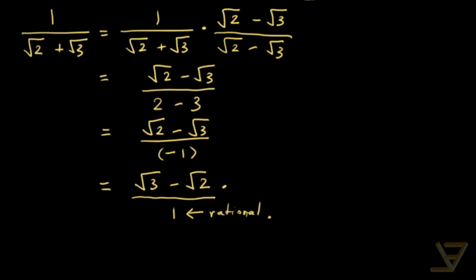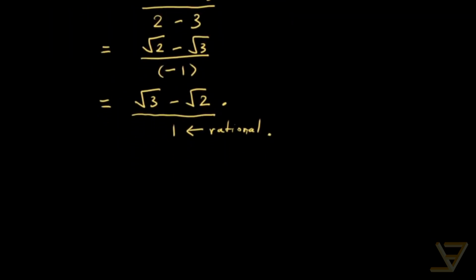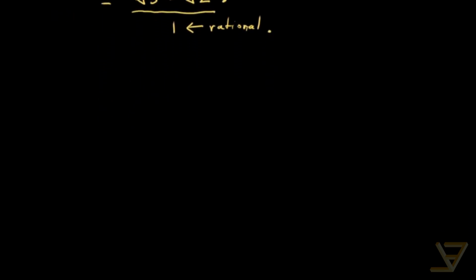Let's take this one step further, just one more step, to a denominator that has 3 square roots in it. So let's say we have something like 1 over square root of 2 minus square root of 3 plus square root of 5.